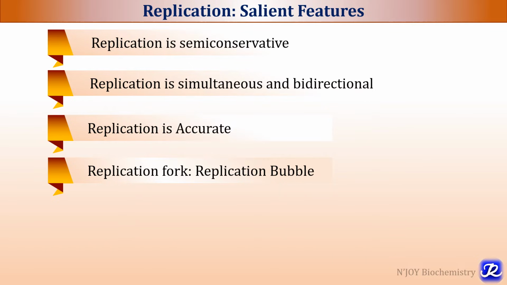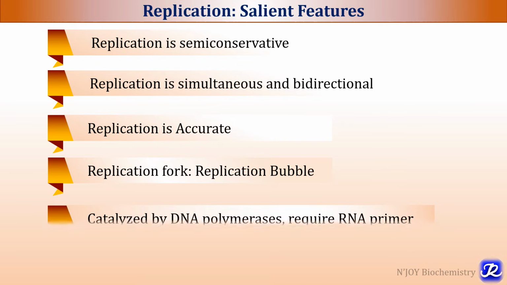There is a formation of replication fork, and replication begins at the origin, and there is also formation of a replication bubble in the process of replication. Various enzymes and proteins are required for replication, along with various nucleotides, ribonucleotides and deoxyribonucleotides.